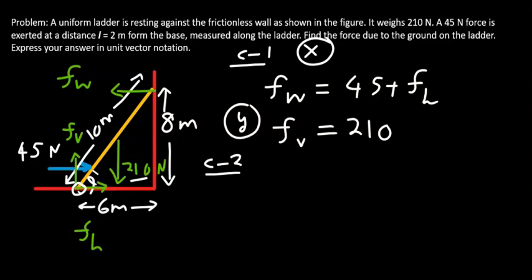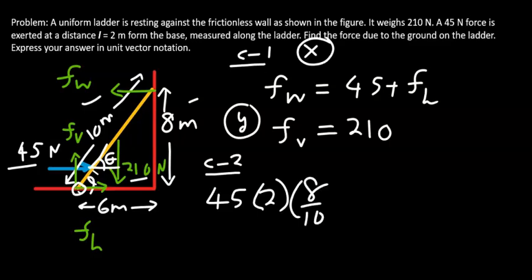So let's calculate the first term, the torque due to 45 newtons. So the force is 45. The distance from the axis of rotation is L, and we know L to be 2 meters. The angle between that force and the moment arm, let's call it theta. So sine of theta is just 8 over 10.